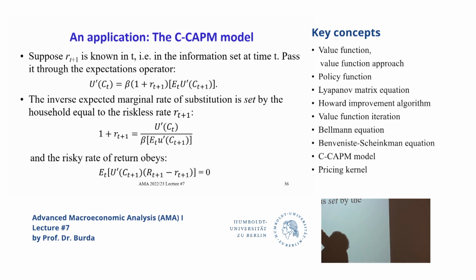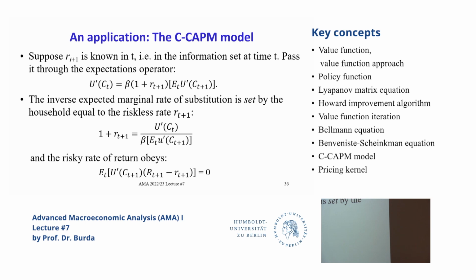If you know what R_{t+1} is, it's in the information set in period t, then you can factor it out, and you can derive this riskless rate by looking at the expected marginal rate of substitution, which is exactly what this is.